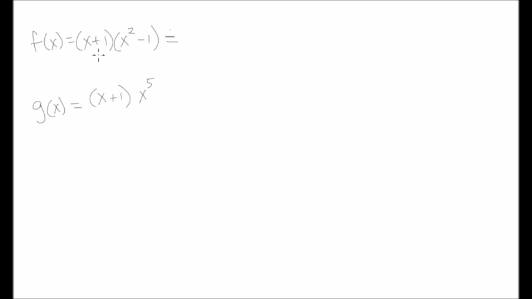So we need the derivative of the first term. Well, the derivative of x is 1 and the derivative of 1 is 0. So the derivative of the first term would be 1 times the second term unchanged, plus the first term times the derivative of the second. Now the derivative of the second, this first term, will be 2x.